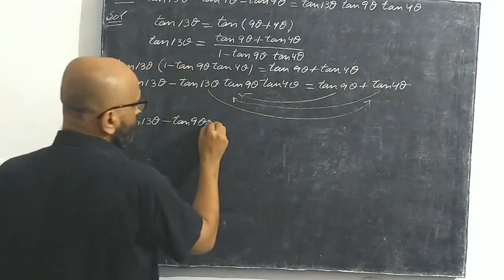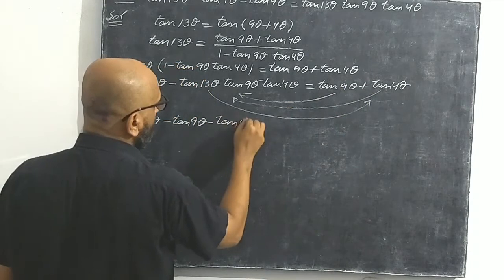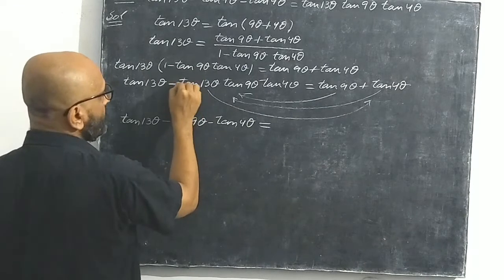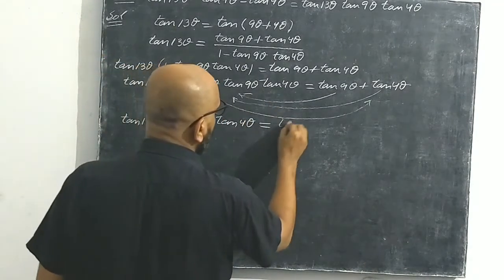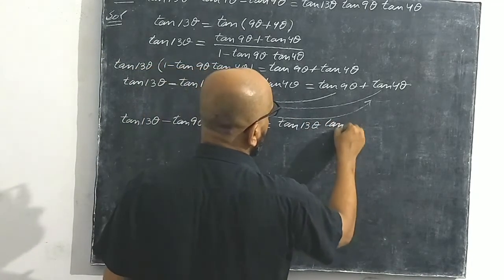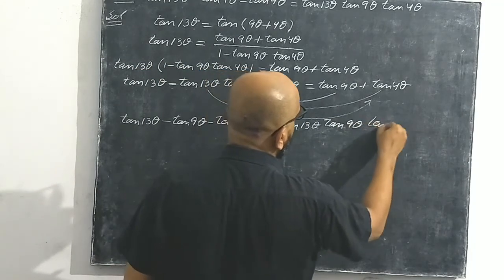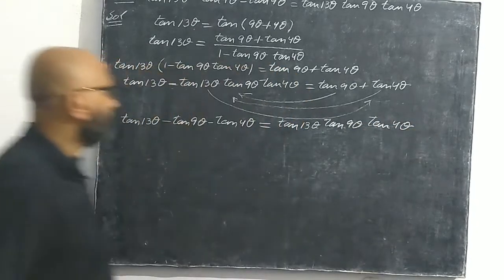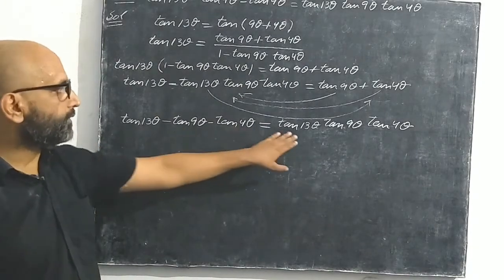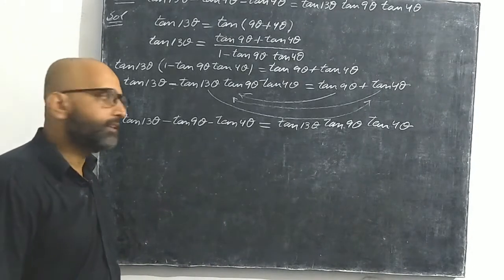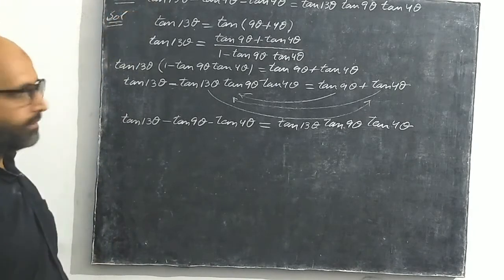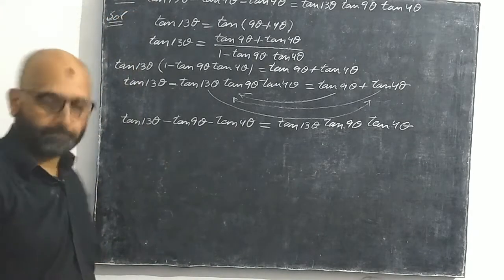Similarly, tan 4 theta becomes minus tan 4 theta is equal to, and on transposition this term becomes positive, tan 13 theta into tan 9 theta into tan 4 theta. So we have proved tan 13 theta minus tan 9 theta minus tan 4 theta is equal to tan 13 theta into tan 9 theta into tan 4 theta, which was to be proved. So this is the way to prove this.